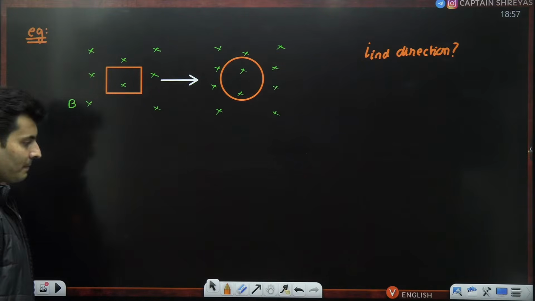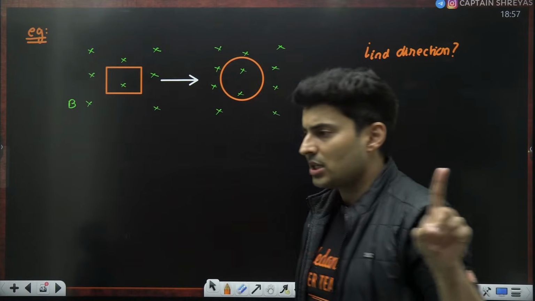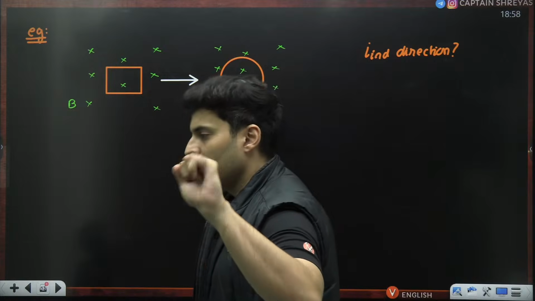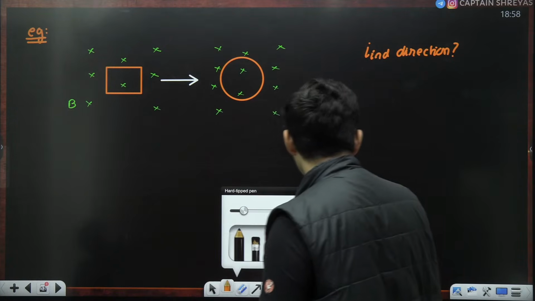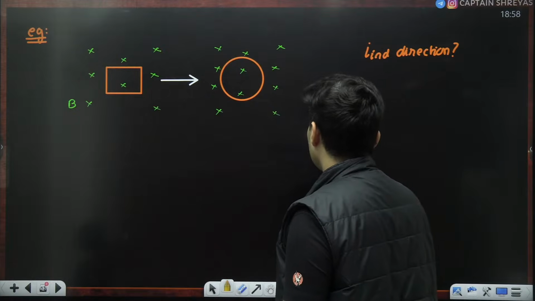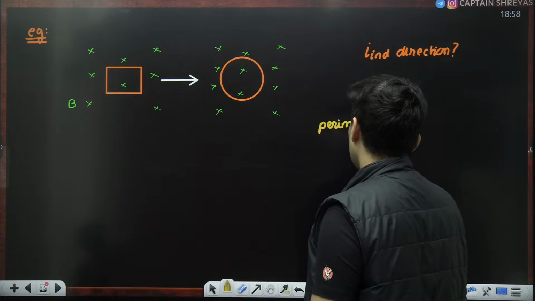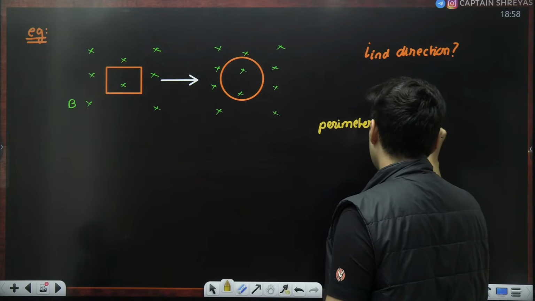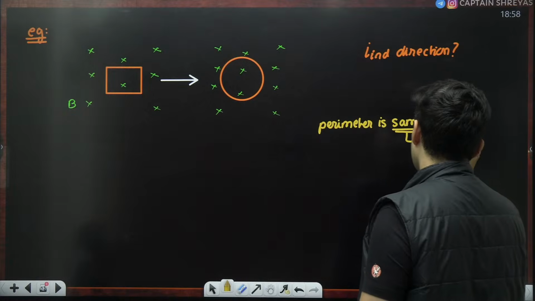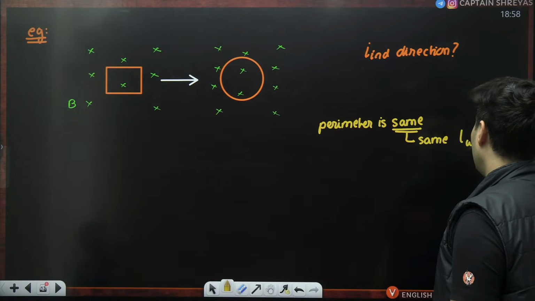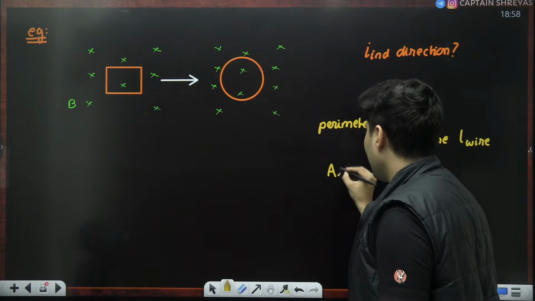What will you do? First thing you will think, magnetic field didn't change, orientation didn't change, area changed. See, the perimeter of both the figures is the same because it's the same wire, the same length of that particular wire. So what changed is the area.